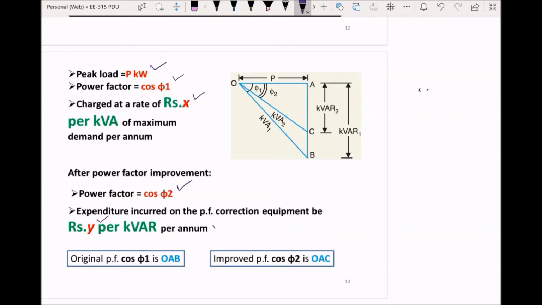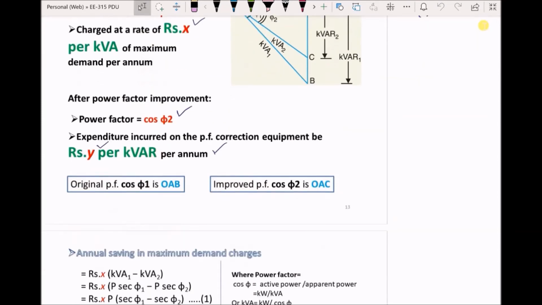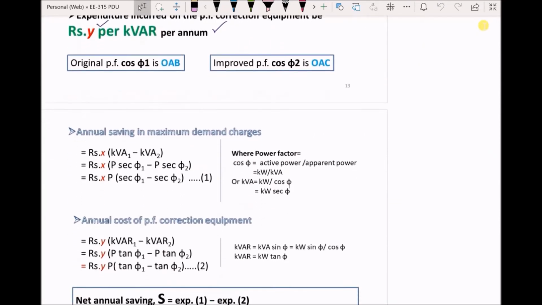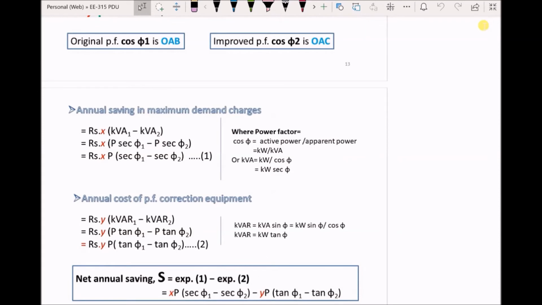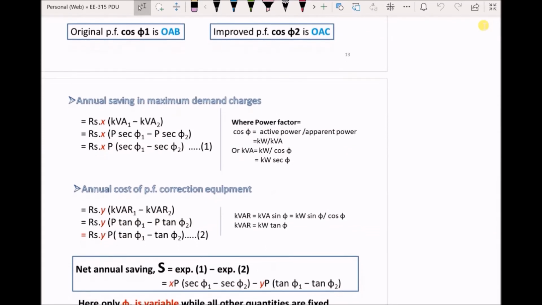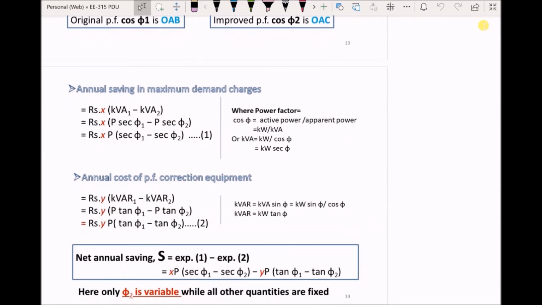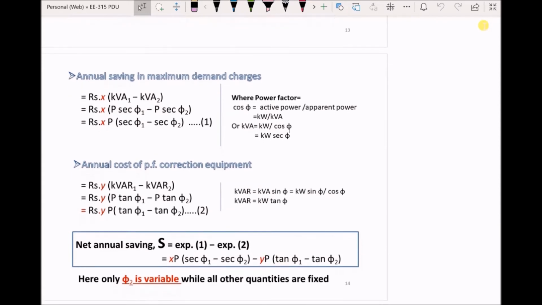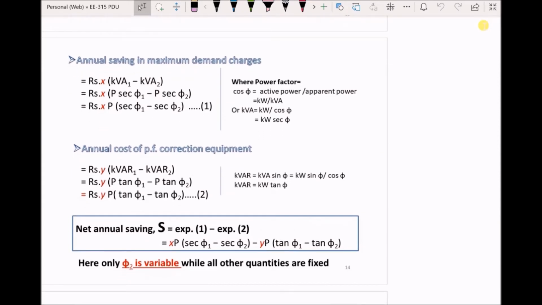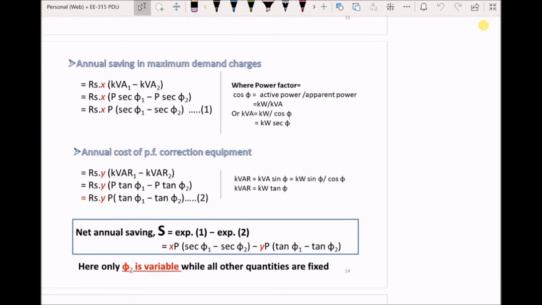These are going to be two parts which are going to be combined together to work out the most economical power factor. First of all, we will try to calculate the annual savings in the form of reduction in kVA charges, or in reduction in the maximum demand charges. Before we go ahead, let me draw the diagram one more time.